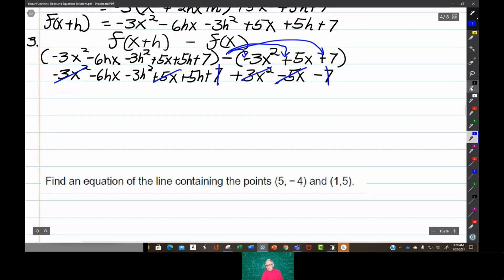And so you are left with negative 6hx minus 3h squared plus 5h.